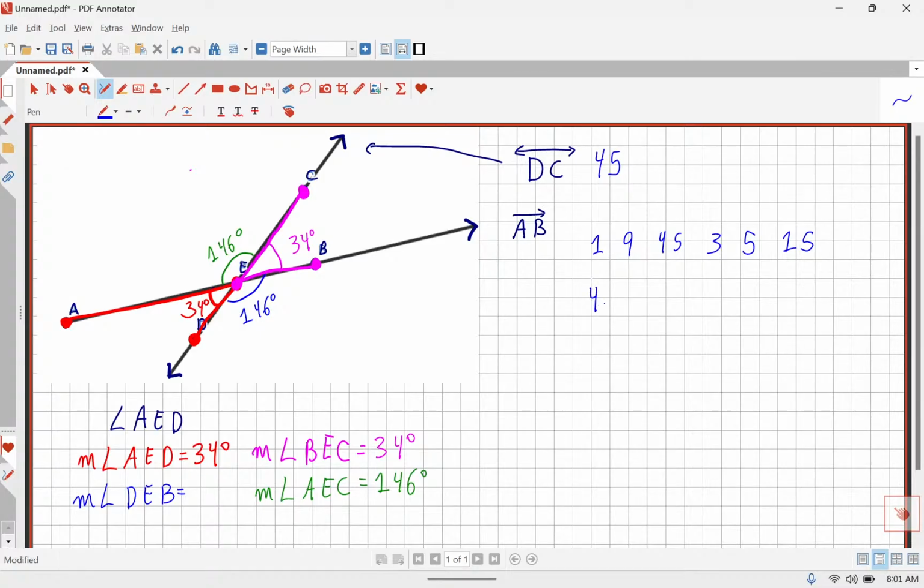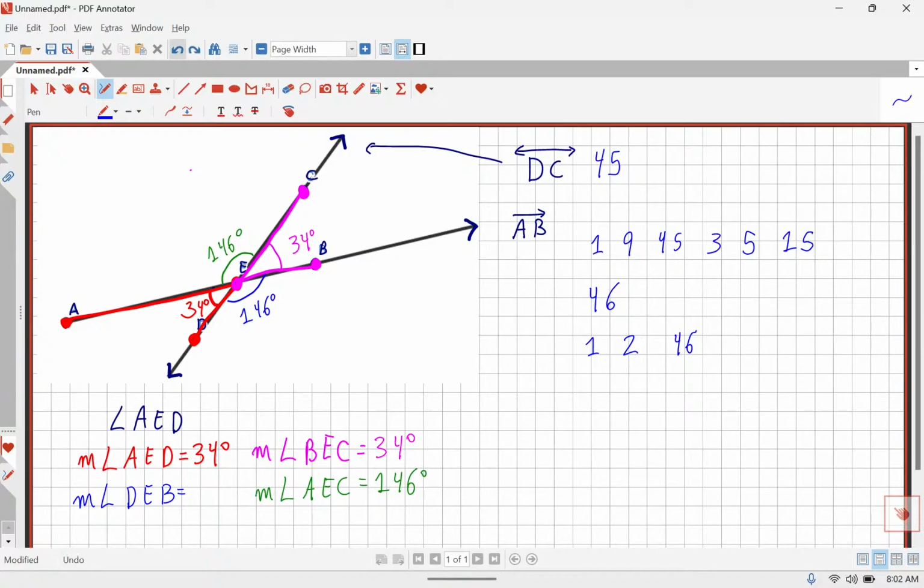And then 46. 46 is one more than 45. What are the numbers that go into 46? Actually, 4 doesn't go into 46. I know, it looks like it should, but it doesn't. Nope, 6 doesn't go in there. Nope, 3 doesn't go in there. 46 does go in there. 26.